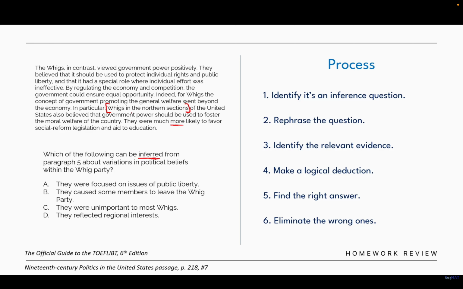Okay, so the people in West Bengal, do they have the same beliefs as the people of Gujarat in general? No. So what changes those beliefs? It's the location, right? Yes, location. The Whigs in the northern believe this, the Whigs in the southern believe this. So using that information, what would be the correct answer?